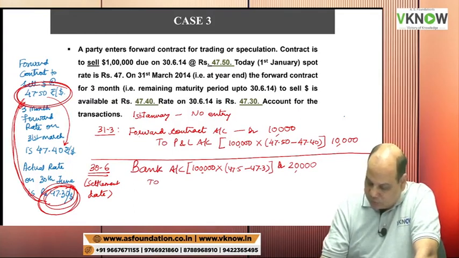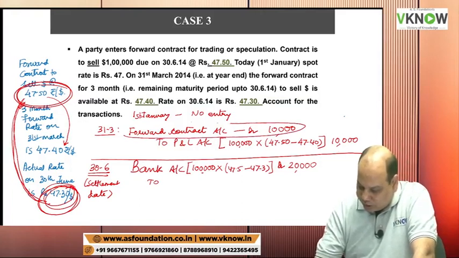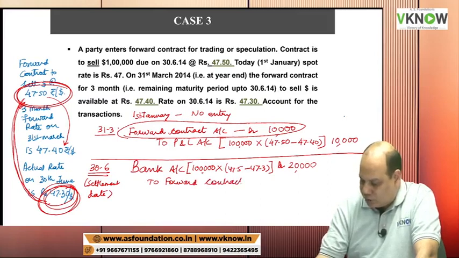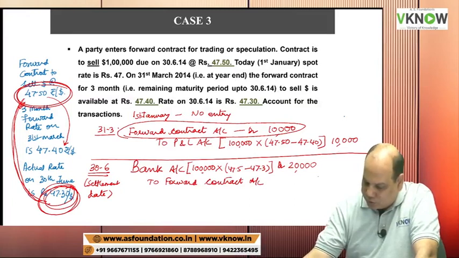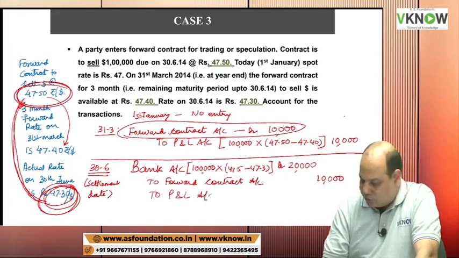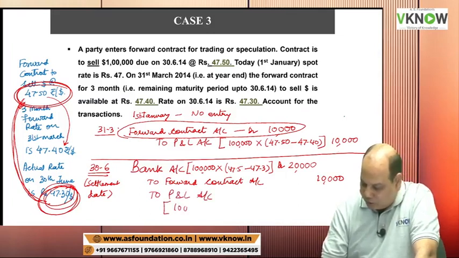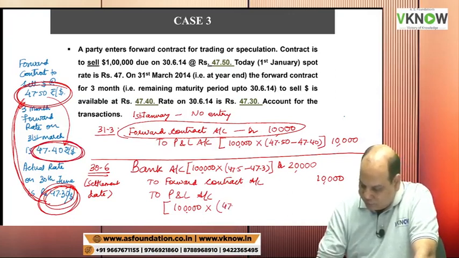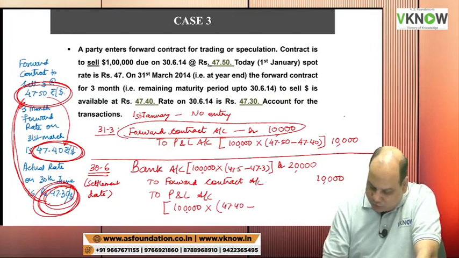and I will close this forward contract account by crediting it, reverse it to forward contract, 10,000, and to P&L account this year I will recognize a profit of 1 lakh into difference between 31st March rate and today's rate.